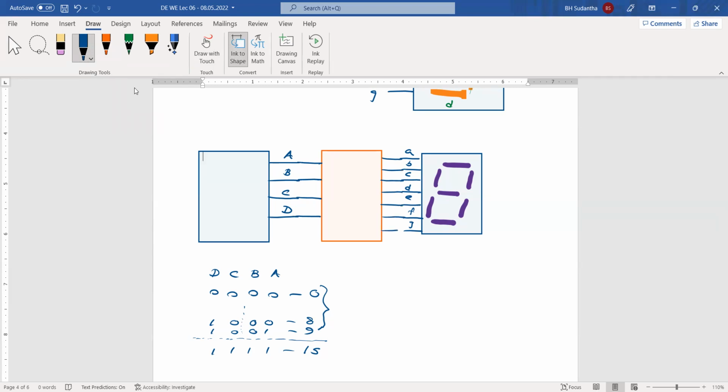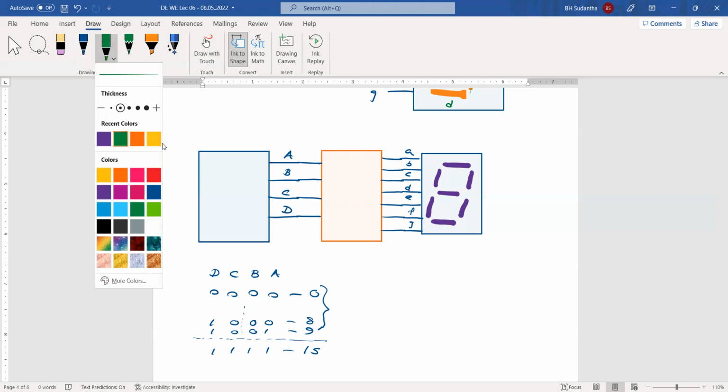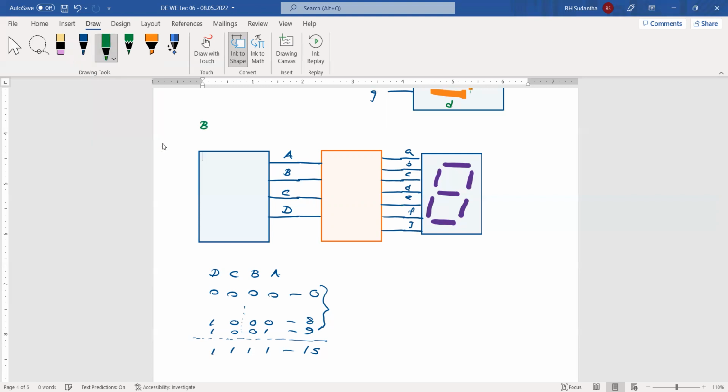The converted values will be understood by the 7-segment display. For the moment, we can give a name to this one. On this side we have binary. You can say this is binary to 7-segment.